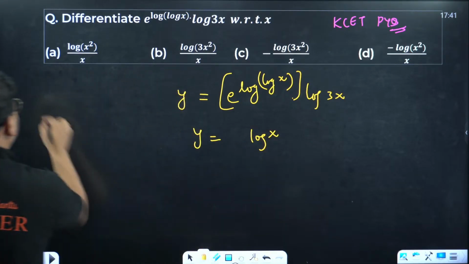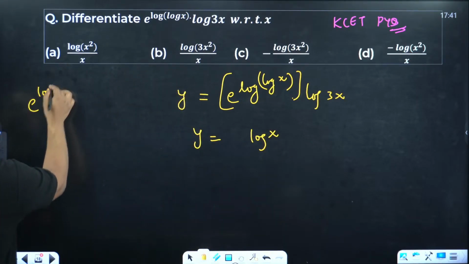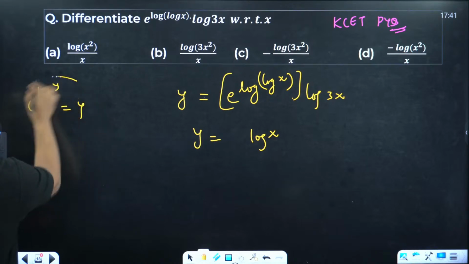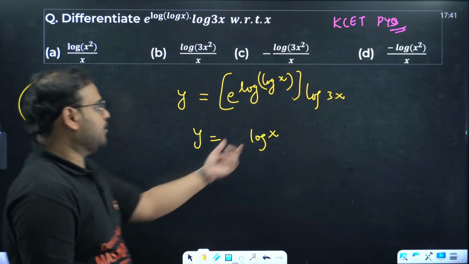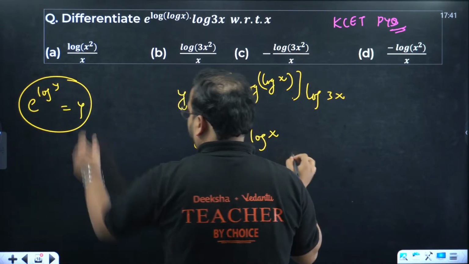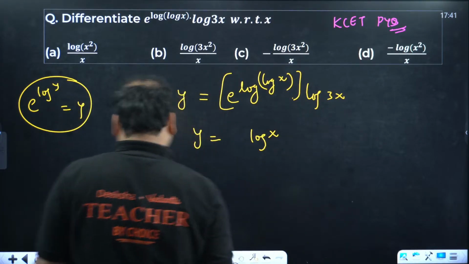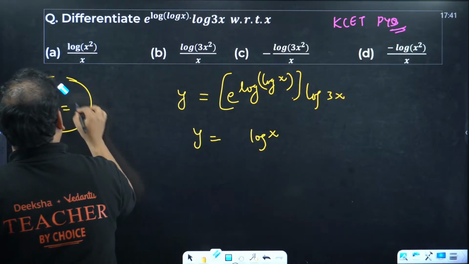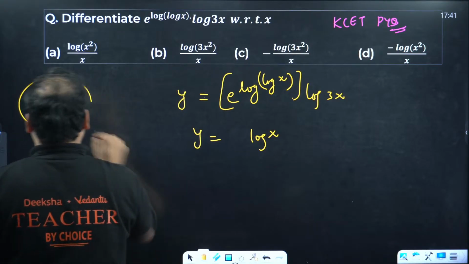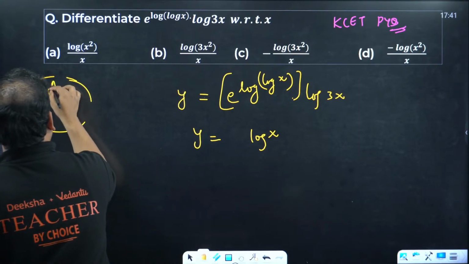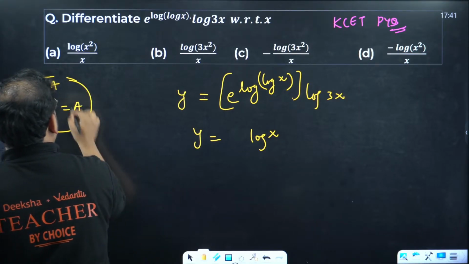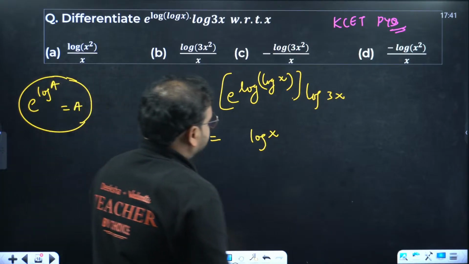This property: e power log y is equal to just y. Same property I'm writing over here, where y is actually the log x in this case. Let's say if I write e power log a, it will be simply a.